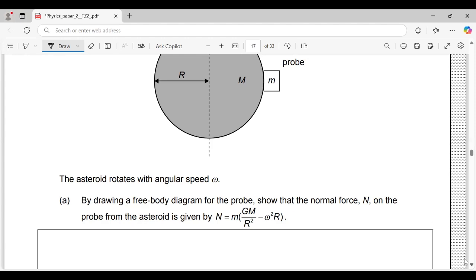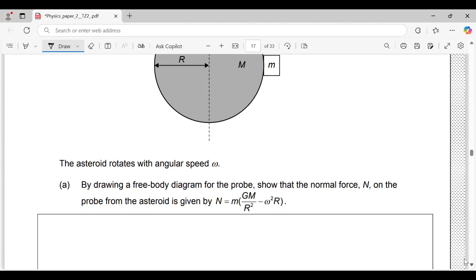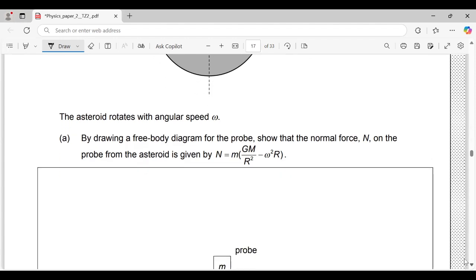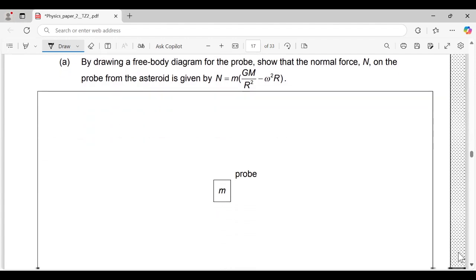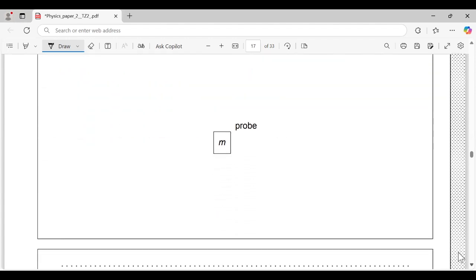Right. The probe is subject to the gravitational attraction of the asteroid, which is given by formula F. I'm going to write it here. F equals GM times m over R squared.